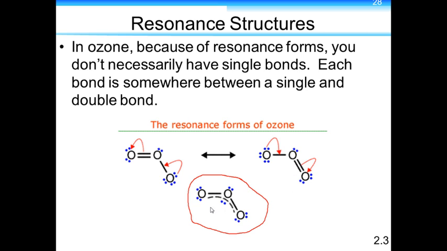It's really a hybrid of the two. The actual ozone molecule can be seen almost as having two single bonds and a half. This bond is somewhere between a single and a double bond. This bond is somewhere between a single and double bond. It's as if you almost took the electrons and spread them out over the entire molecule.